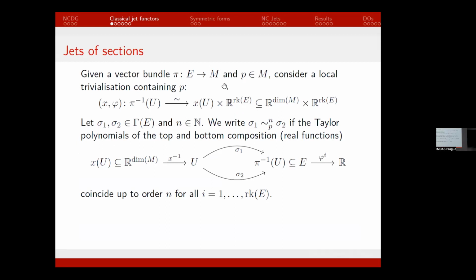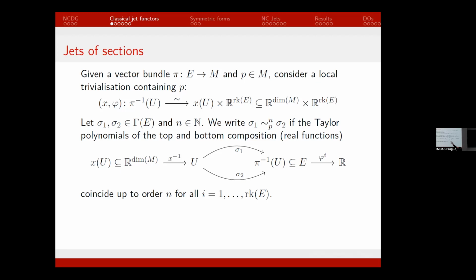We have a first component that we call x, which represents the coordinates on the base, and we have a component phi which represents the coordinates on the fiber. This map is useful because it allows us, for every section, to interpret this section as a map from R^n to R^m, for example, so a real map essentially.